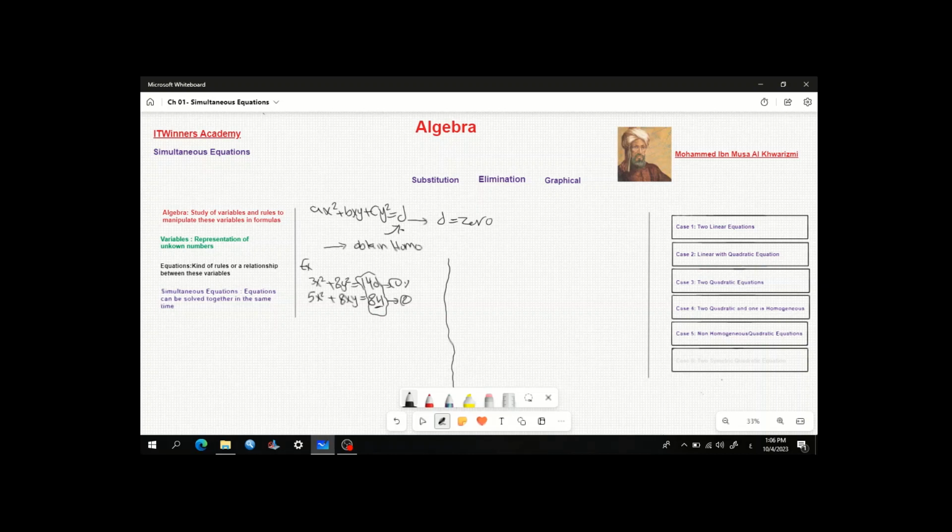So let's multiply the first equation by 3 and the second by 5.